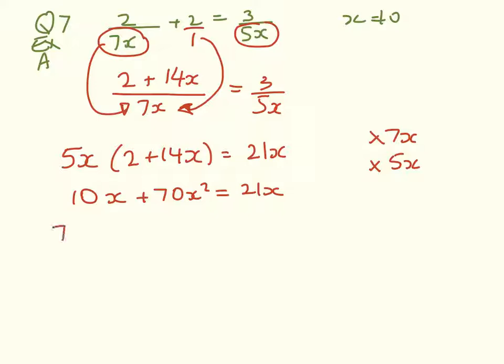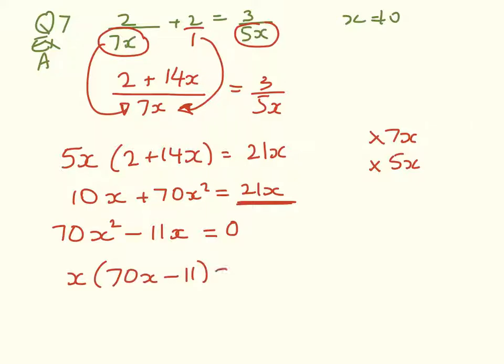Now to solve a quadratic, I always want to have it equaling 0 so that I can factorise. That's unless I'm using a technique like completing the square. Okay, so I've subtracted 21x from both sides. I can now take out a common factor of x times (70x minus 11).